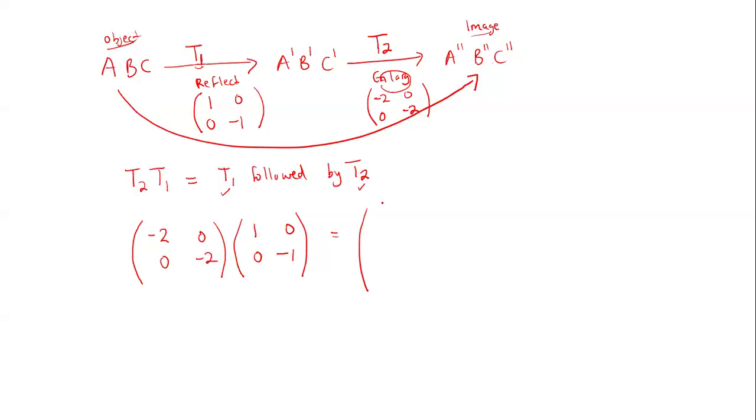Take us through how you have multiplied. Take us through your first multiplication. It is -2 times 1 plus 0 times 0. Then -2 times 0 plus 0 times -1. Then 0 times 1 plus -2 times 0.